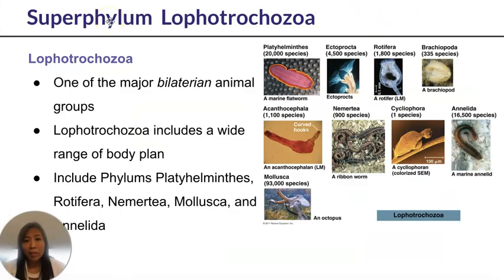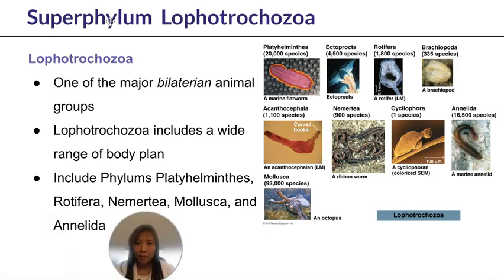So let's take a look at the superphylum Lophotrochozoa. This is one of the largest groups of bilateral animals. This group of animals is believed to be the last common ancestor of the Parazoa, and it includes many different phyla. One of the phyla is the Platyhelminths, which will include our flatworms.